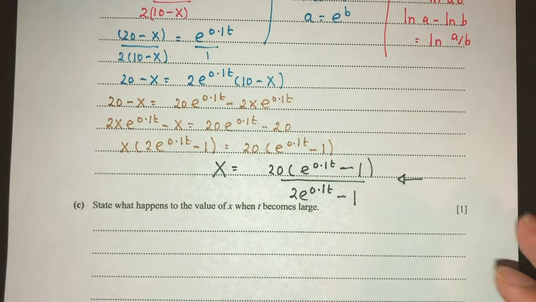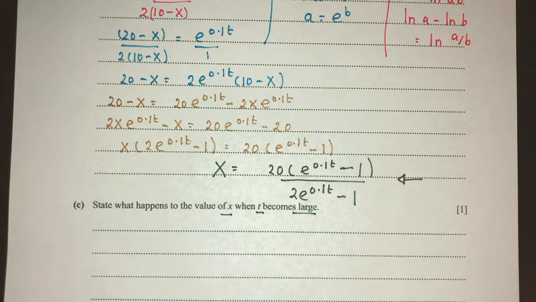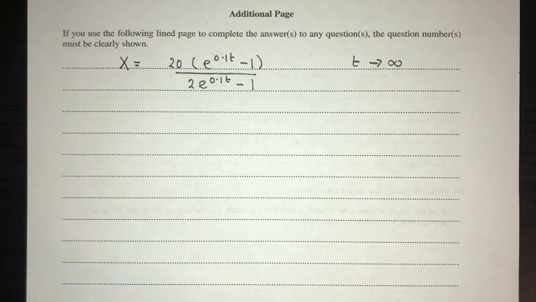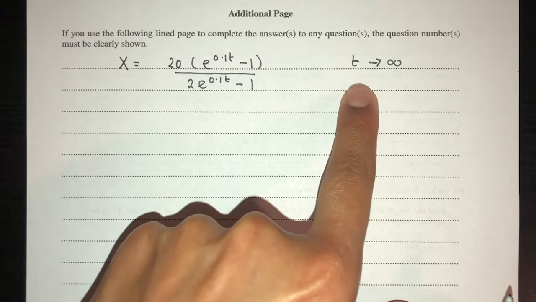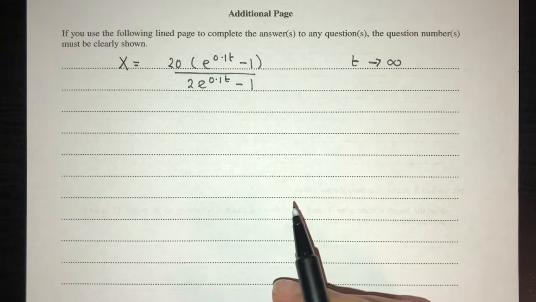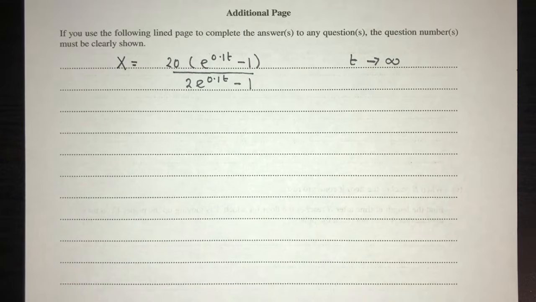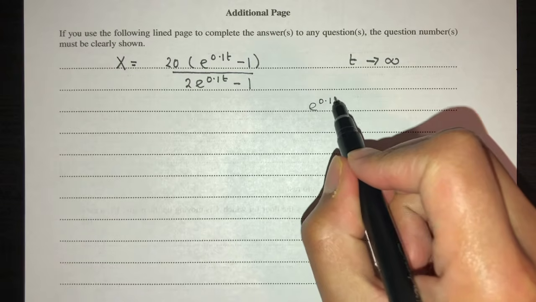Now finally, state what happens to the value of x when t becomes very large. And now for the last question, what happens to the value of x when t becomes very large, basically going to infinity? What we can do here is try to divide those values by exponential of 0.1t.